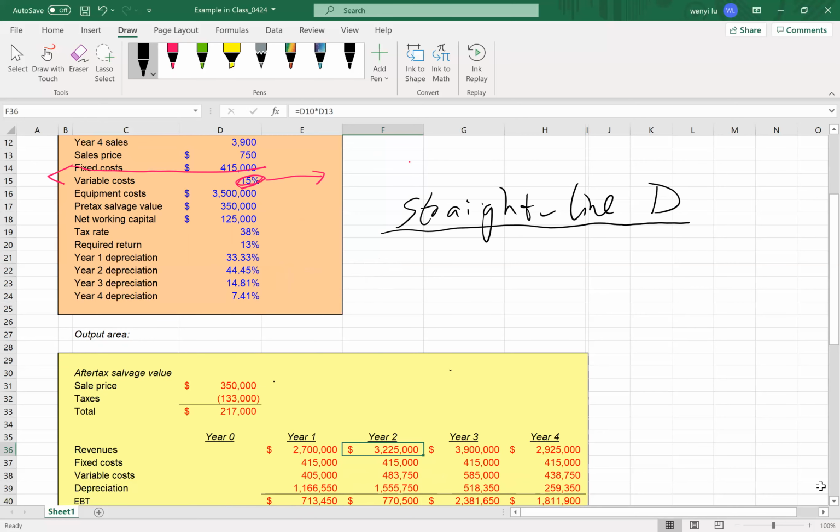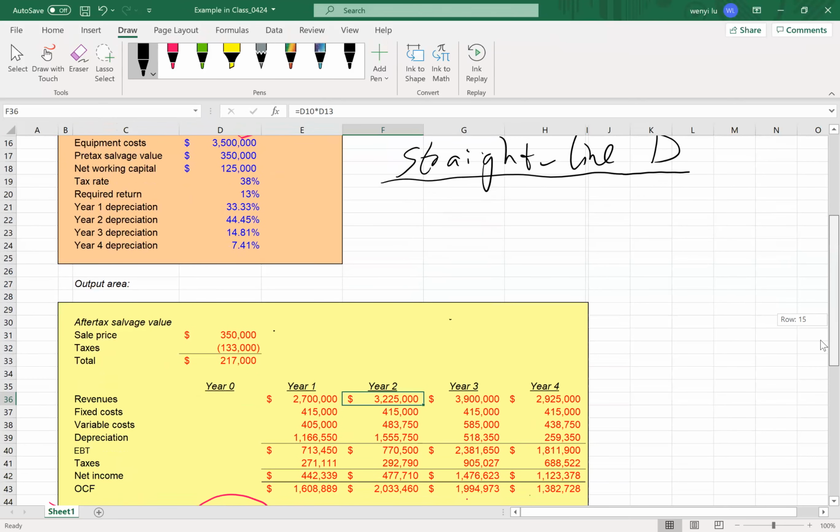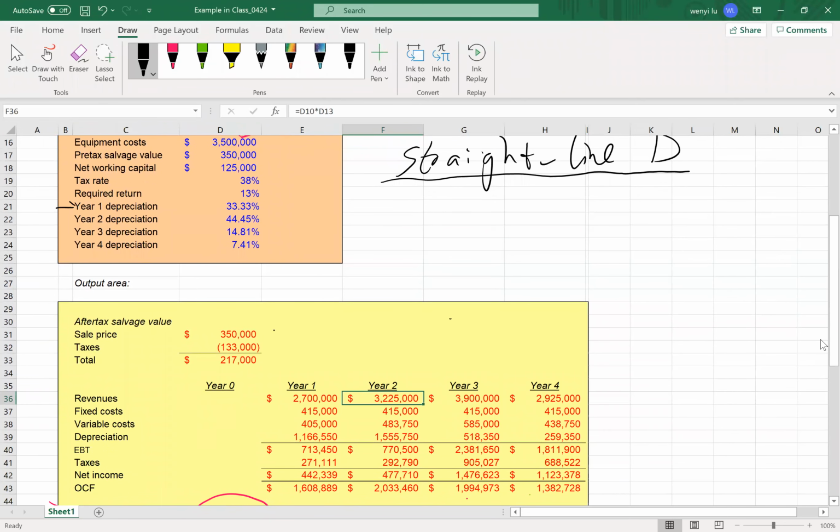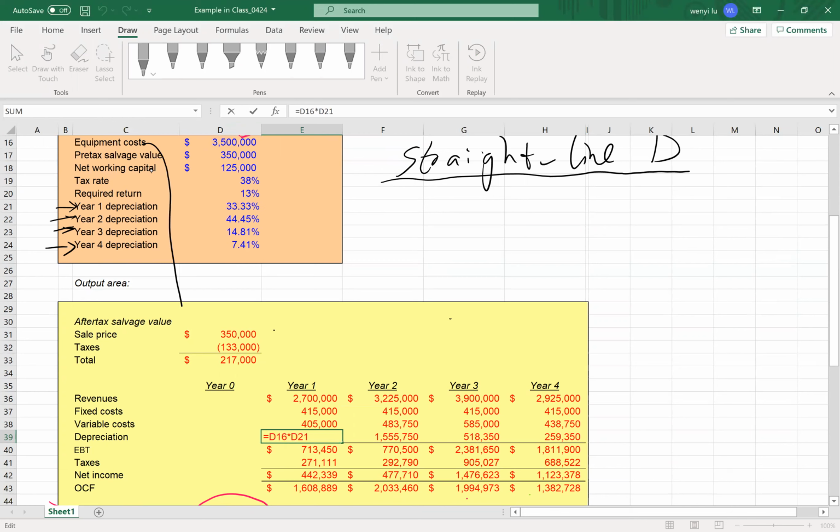So our cost of the fixed asset times the percentage for the different years will be the depreciation amount you get for each row. For example, these numbers come from our fixed asset cost, $3.5 million, times the depreciation percentage for the first year.